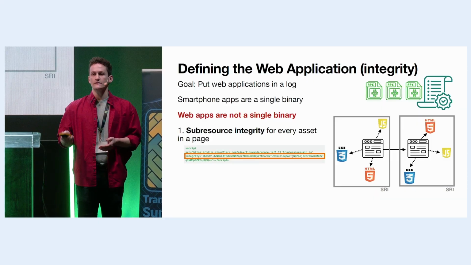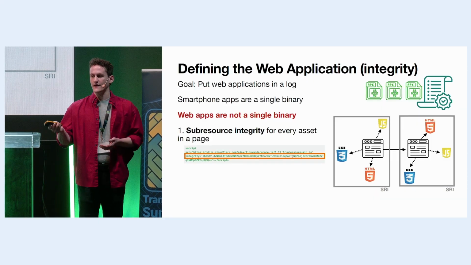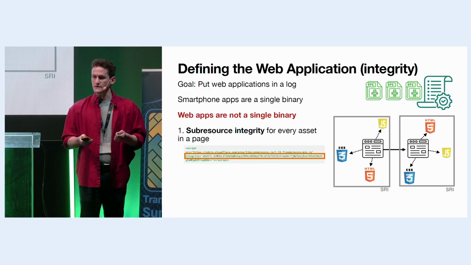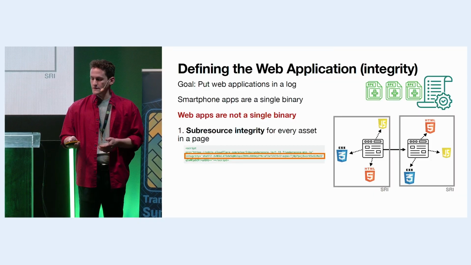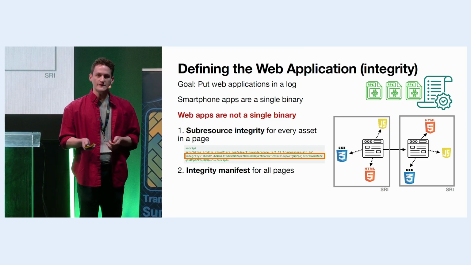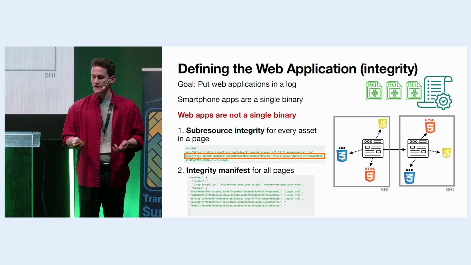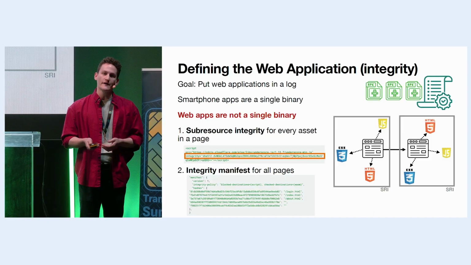However, pages still link to each other, and you can't have an integrity manifest on a hyperlink. So there's still some malleability here. So the second thing you could do is have an integrity manifest, which is defined in one of the WACT specs. And this is essentially a file that contains the hashes of, for example, all the HTML files under a path for a single site.